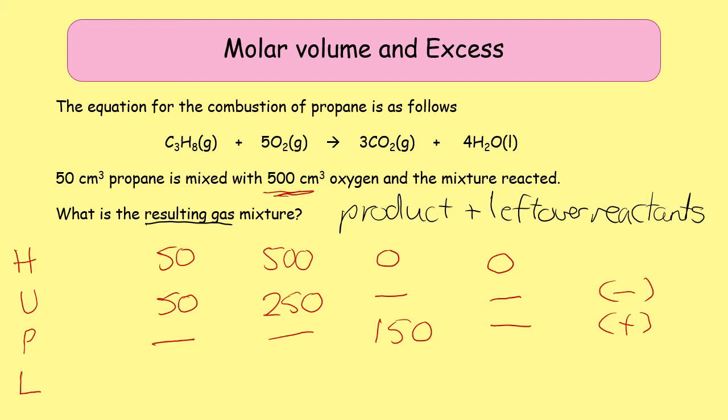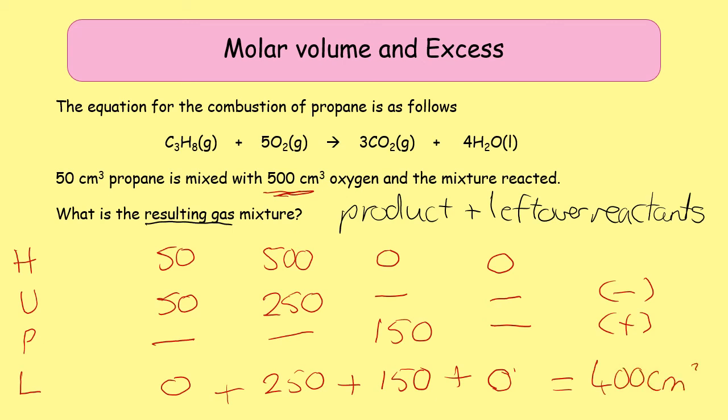So 50, take away 50, add nothing, gives us 0. 500, take away 250, plus nothing, gives us 250. 0, take away nothing, add 150, gives us 150. And everything's 0 here, so that's just a 0. And then at the end, work out what's left over. It's all these numbers added together. So what we have is 400 centimeters cubed. That's what's left over. That is the resulting mixture.